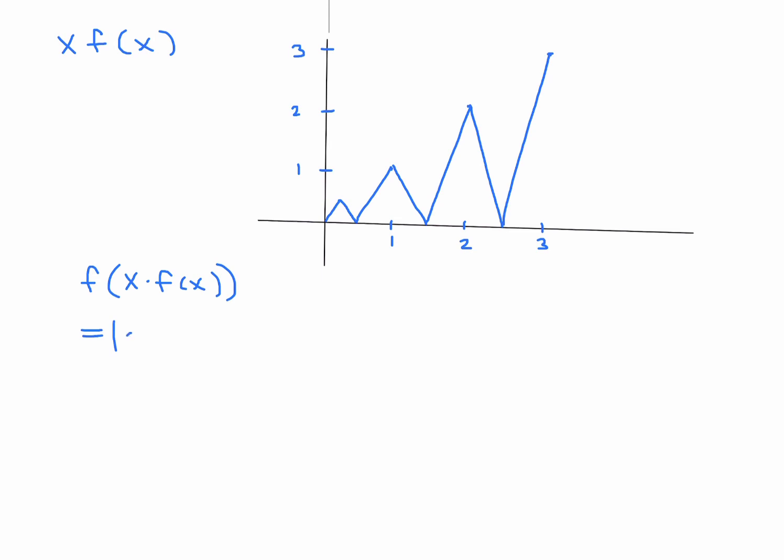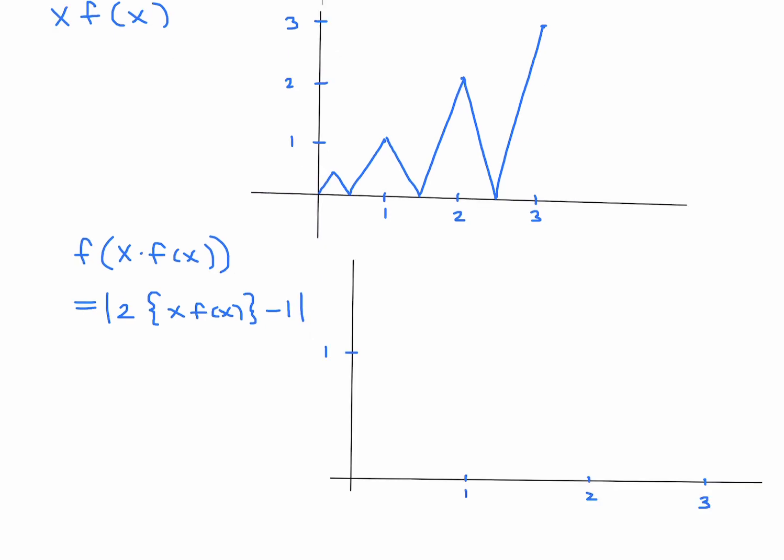And if we go back to the original definition, this is actually the absolute value of, this time, the bracket has x times f at x inside, and then minus 1, absolute value. So now we've got to draw this. This one is a little bit trickier, but there's some good news: it never gets bigger than 1.